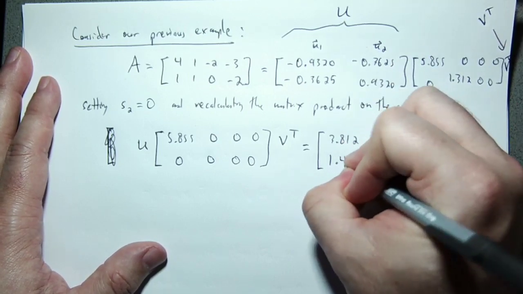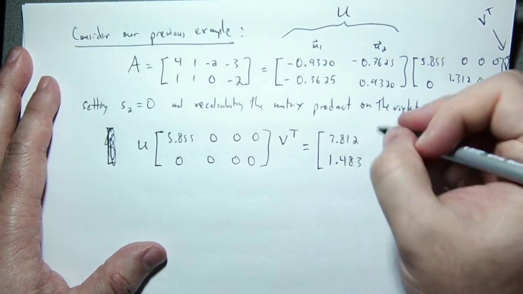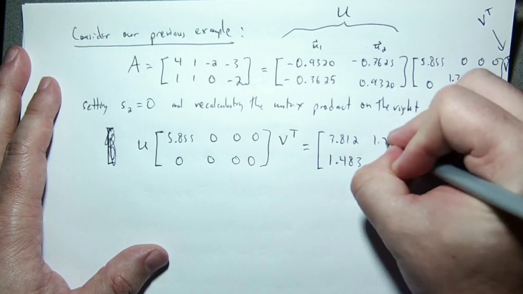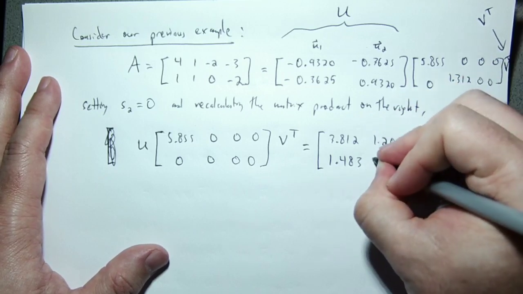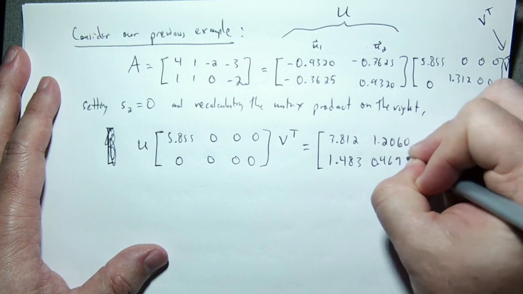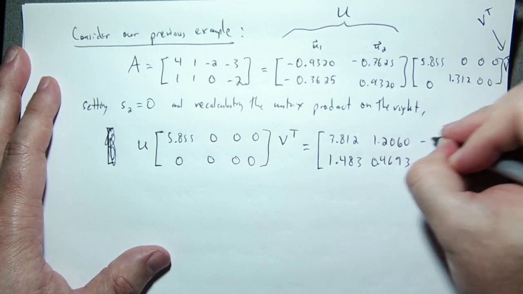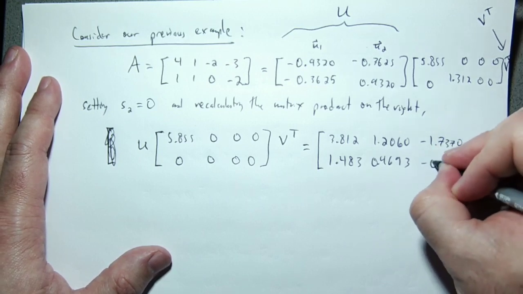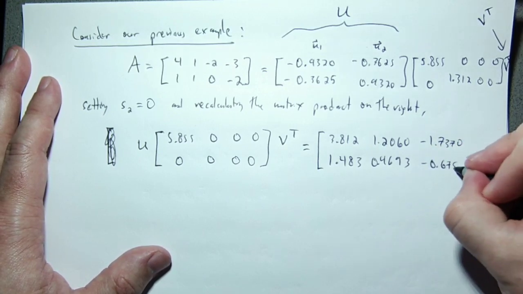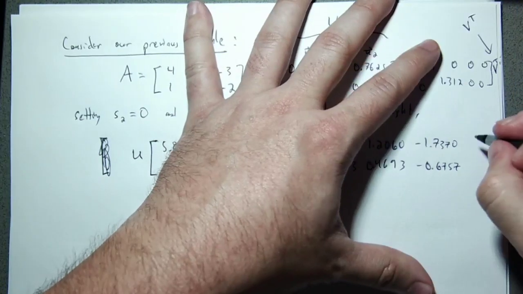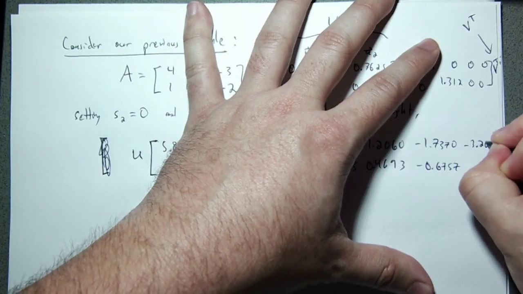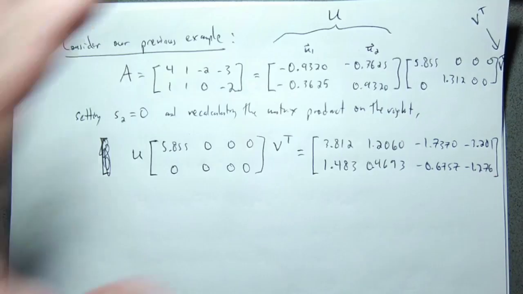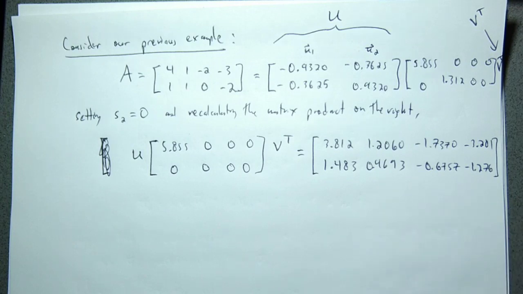So again, reading column wise: 3.812, 1.483, 1.2060, 0.4693, minus 1.7370, and minus 0.6757. One more column, minus 3.281, minus 1.276. Okay, all right, so this is the result.